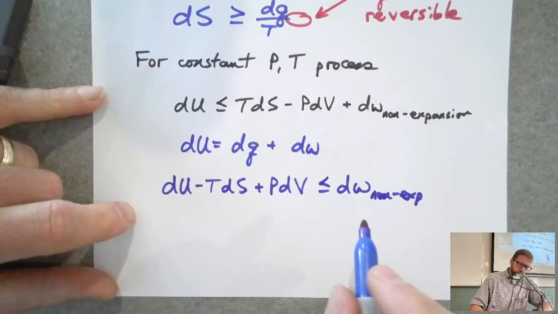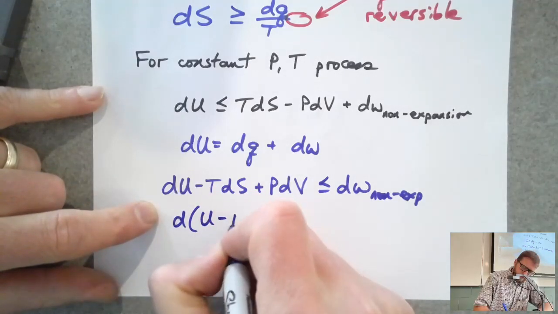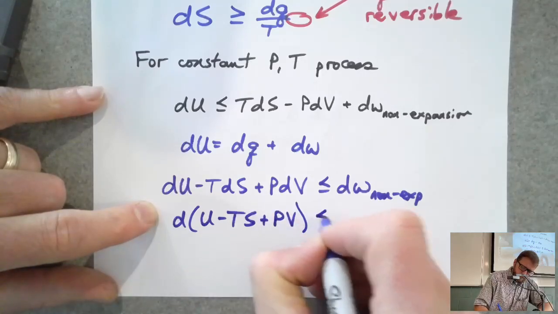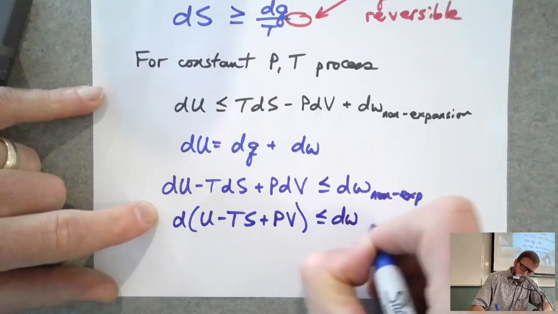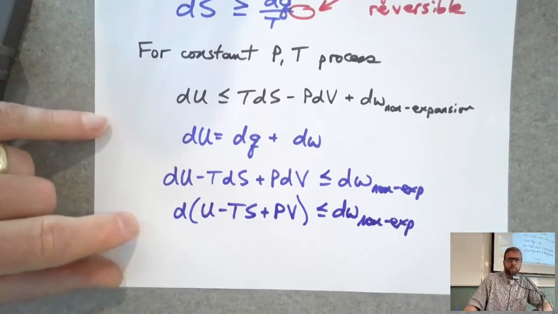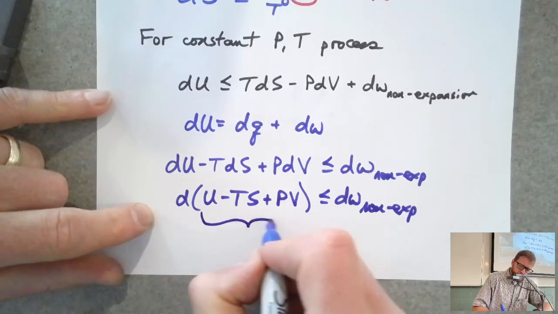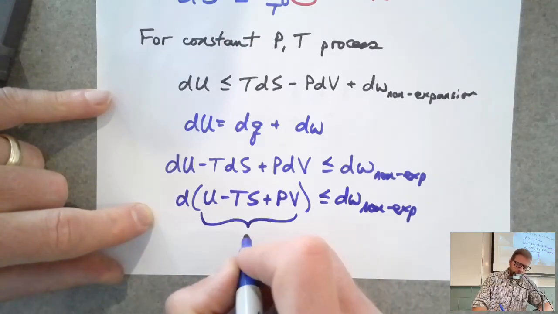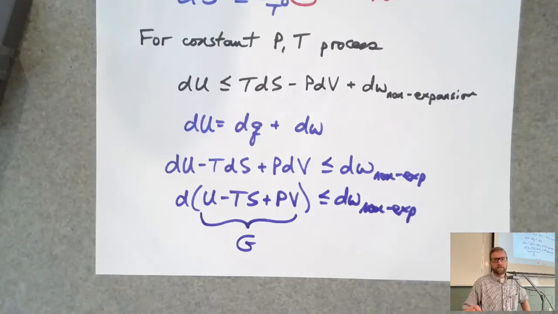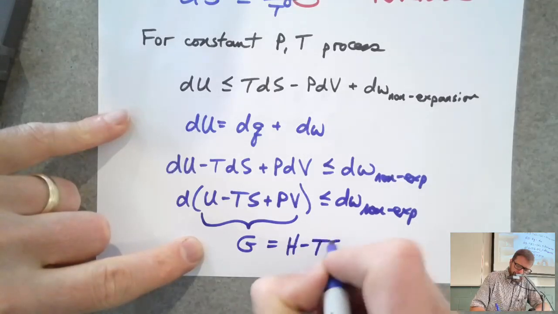So if we pull out our differential operator, we get this. All of this stuff right here is G, Gibbs energy. Because remember, Gibbs energy is H minus TS.